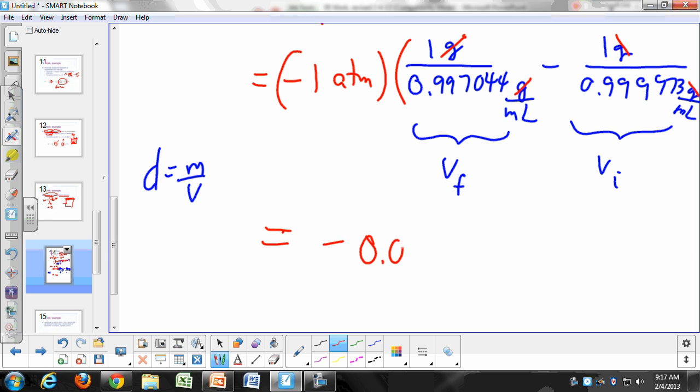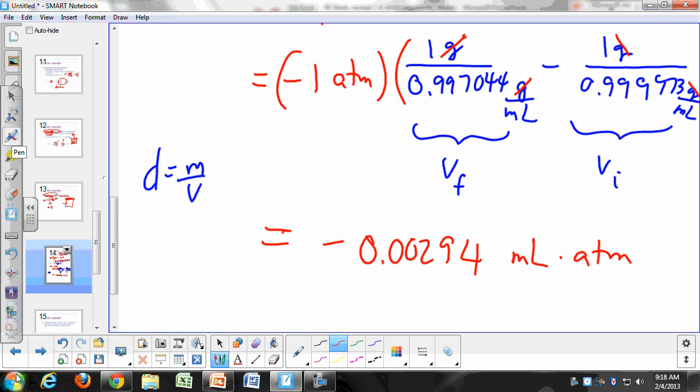Negative 0.0029. What's the unit? Let's just do 3 sig figs. 294. What's our unit? Milliliters times atmospheres. Okay.